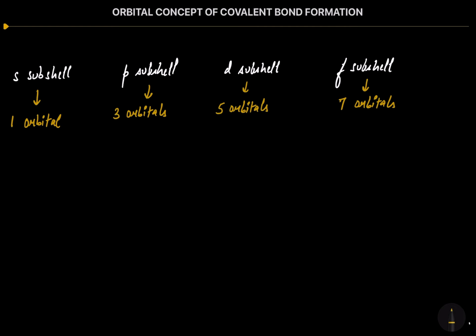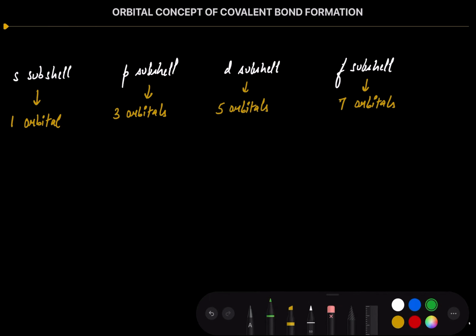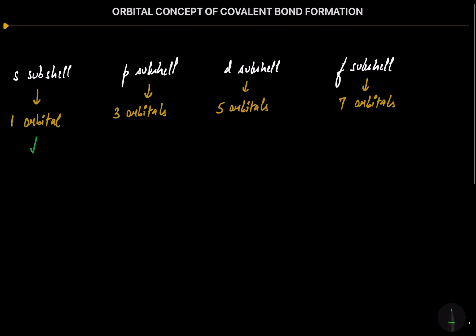Now, let's talk about the shapes of the different orbitals. The orbital of S subshell, that means S orbitals, will be spherical in shape. That is, if this is the nucleus, then the S subshell will be like this in the sphere model.